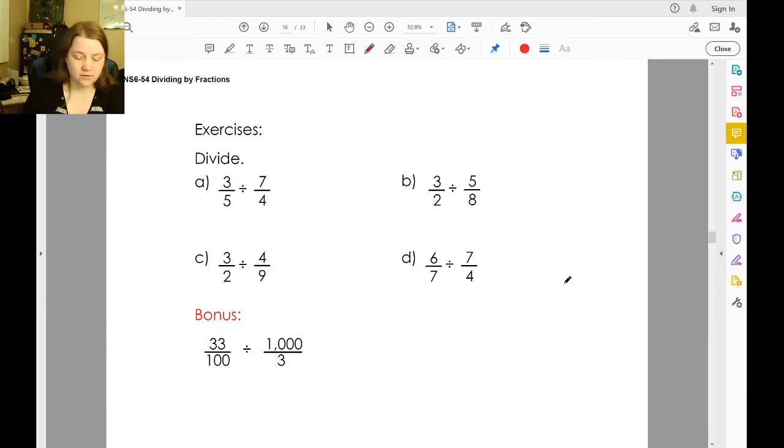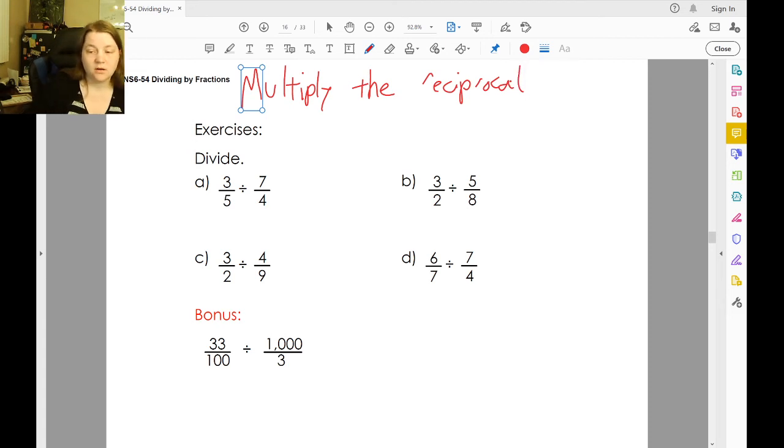Just to help out, I'm going to write on here ever so neatly, multiply the reciprocal. If you can't read that writing. All right, go ahead and pause, come back, do the whole thing.